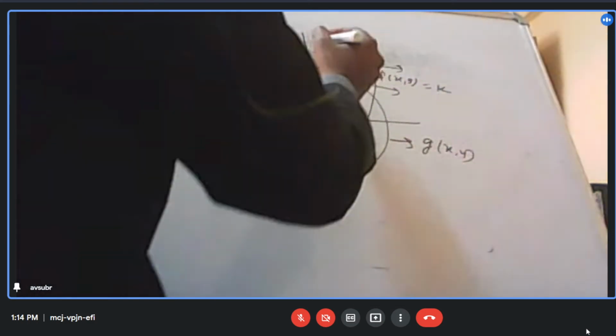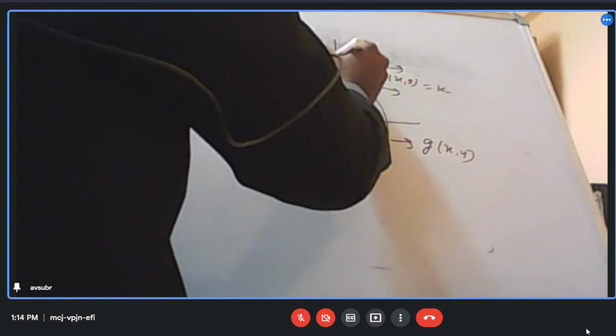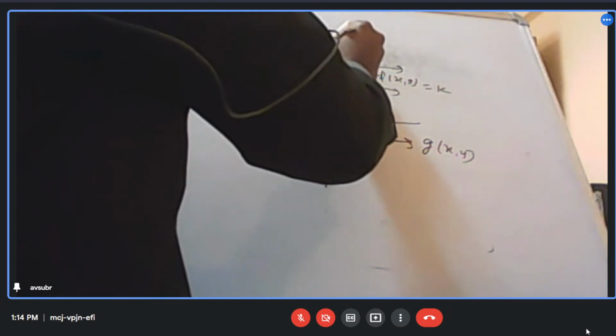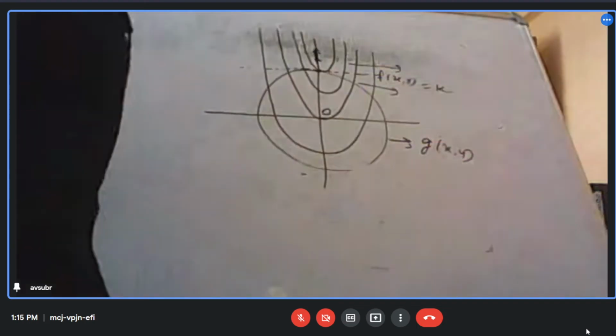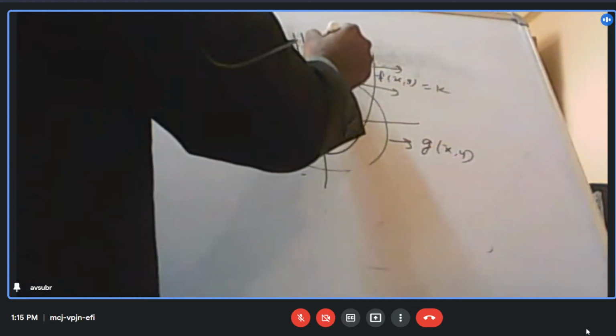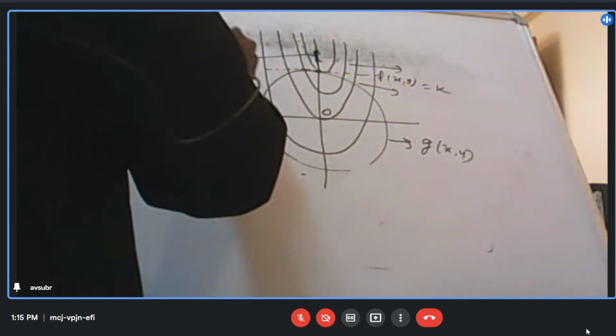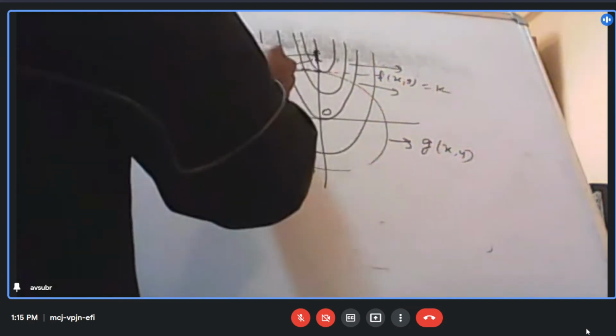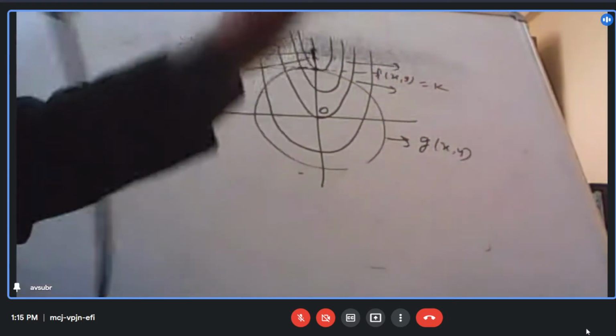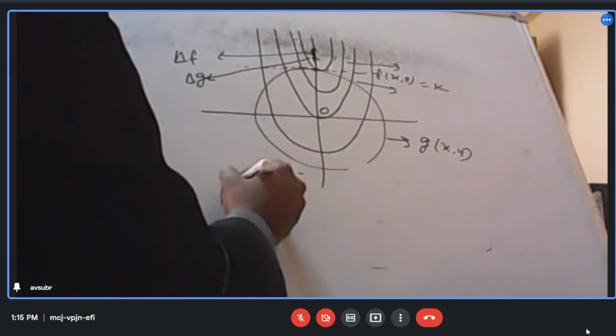What is the normal to it? Normal to it will be in the same direction. Normal to the function is this, and normal to the g is also this. This is your gradient. So this is delta f and delta g. In the same direction they will be, that is, they are parallel to each other.